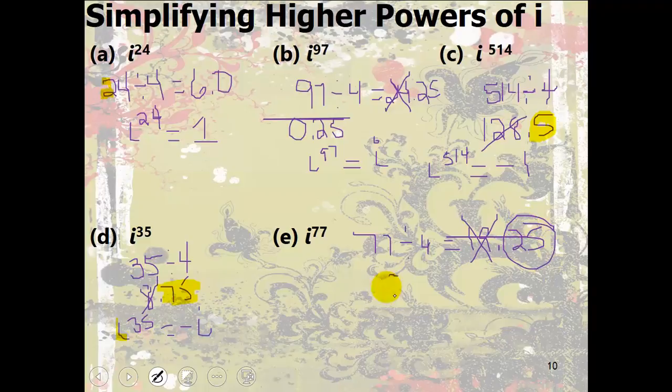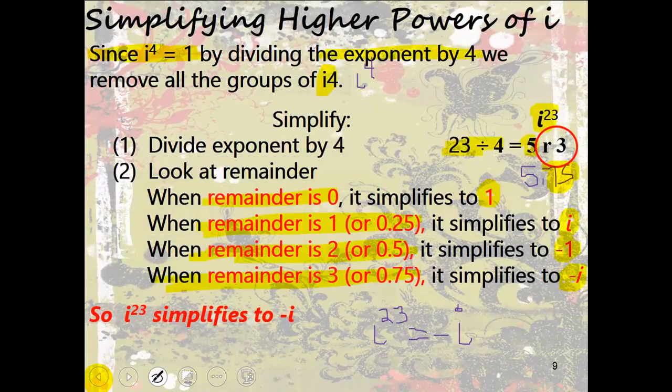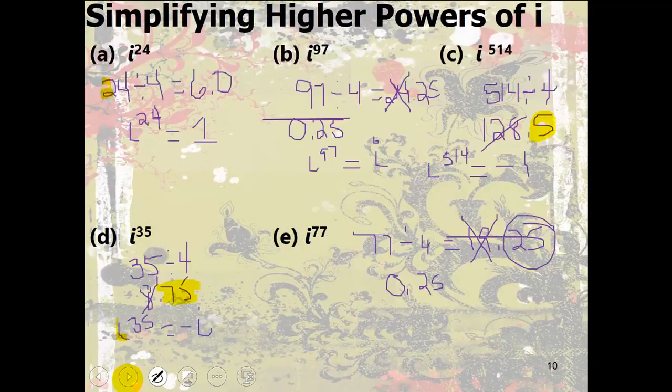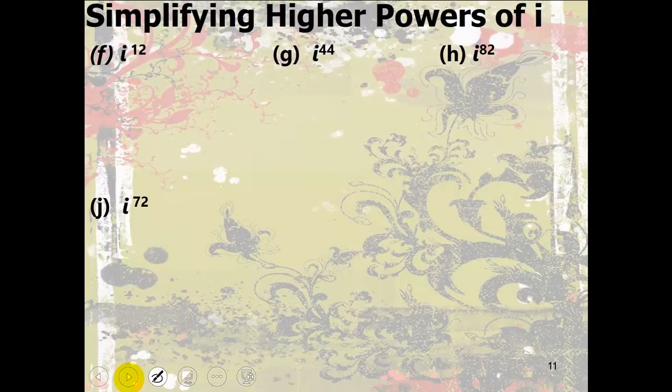So if I end up with 0.25, and I look at my chart, 0.25 simplifies to i. So i to the 77 is equivalent to i. All right, so why don't you try these, answer the video questions, and then come back and check your work.